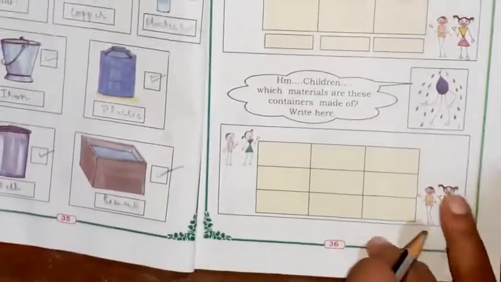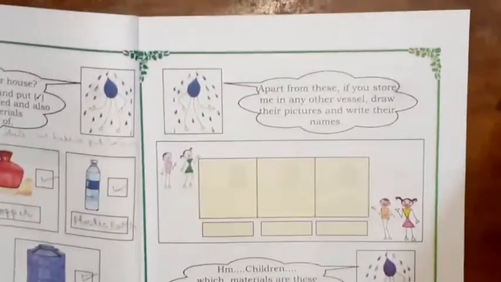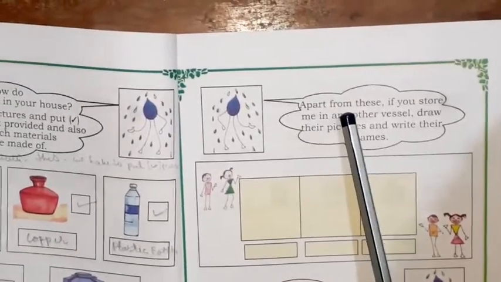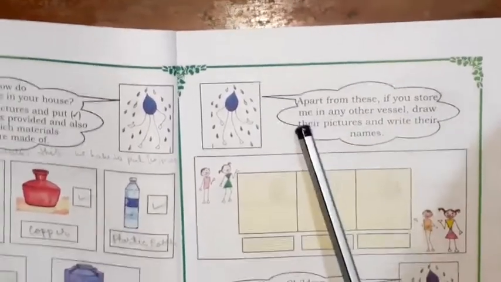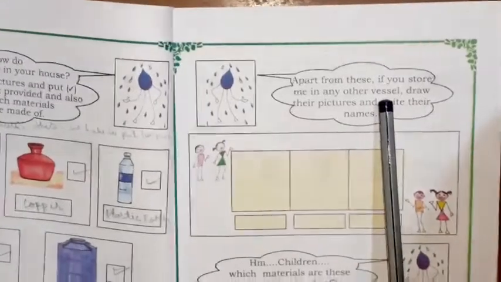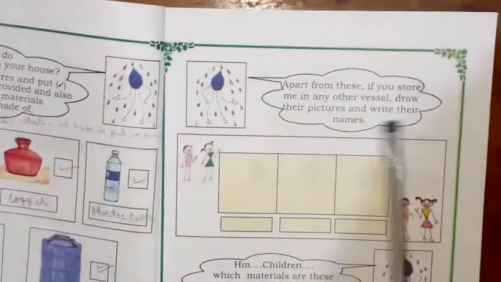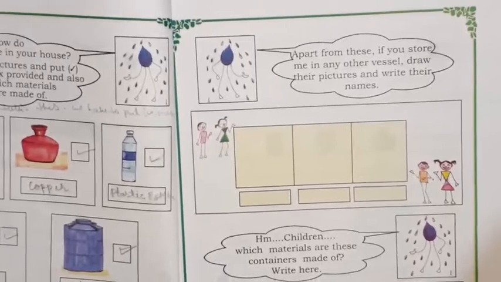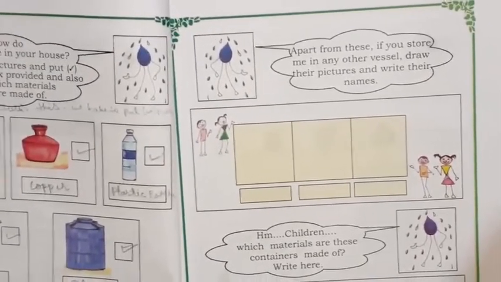Now next, children, we'll go to page number 36. Here, see here, children. Apart from these, if you store me in any other vessel, draw the picture and write about them. Now, children, what the drop of water is saying is that you have seen some different types of water storage vessels.